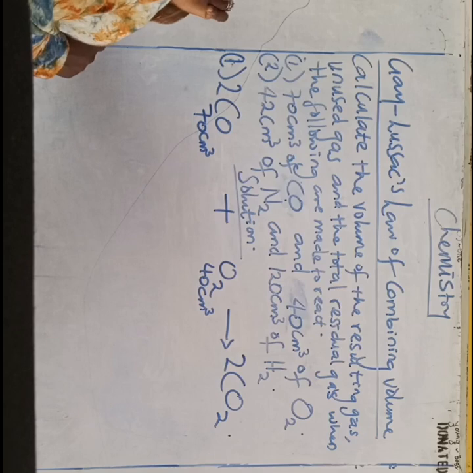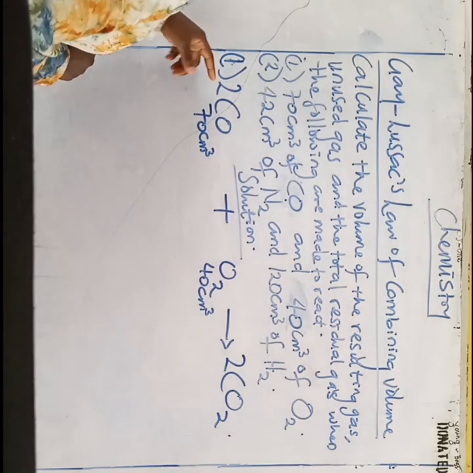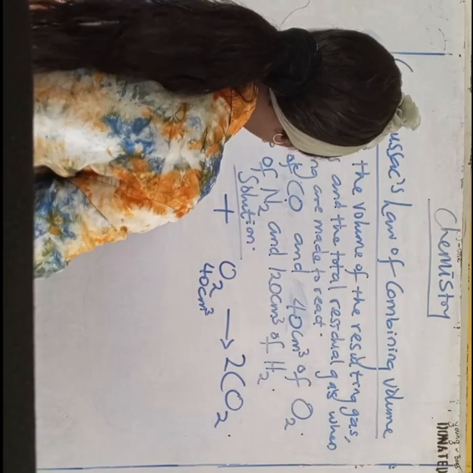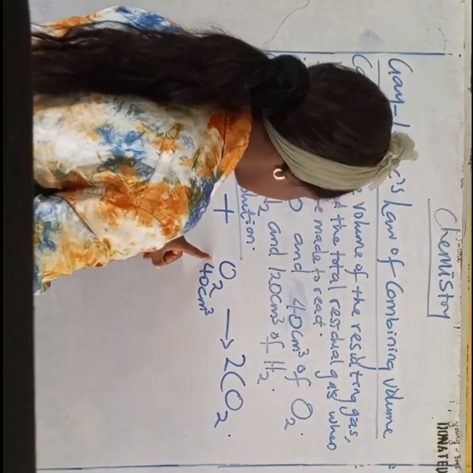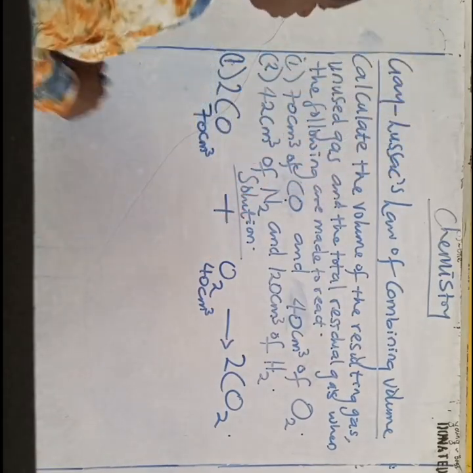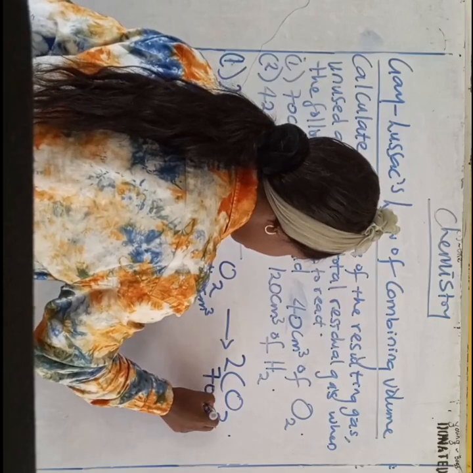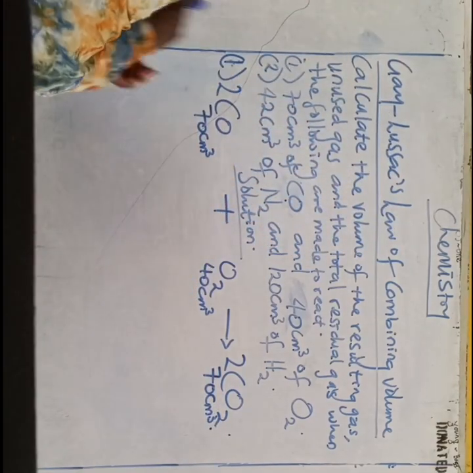Are we pitching our tent with carbon(II) oxide? I guess right, because 1 mole here will be 35. So 35 times 2 will give us 70. And here they gave us 40. So for my resulting gas, that 2 here is also going to be 70 cm³. Good. So I've done my resulting gas.